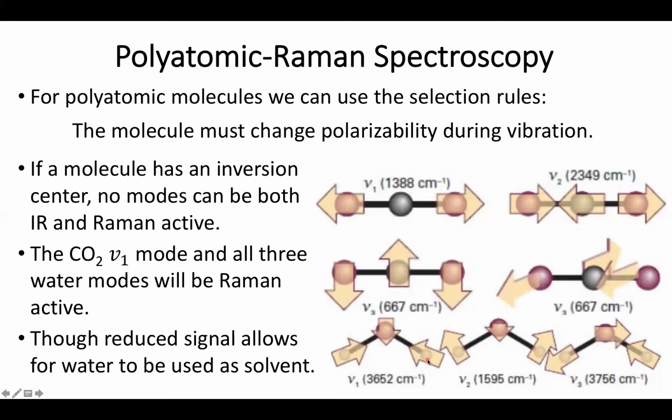Though it is worth noting that we will see reduced signal strength, whereas for infrared spectroscopy, water tends to obliterate any opportunity to get signals in these regions. It isn't quite so bad for Raman spectra, so it is still possible to use water as a solvent. So this should hopefully give a quick crash course into Raman spectroscopy.